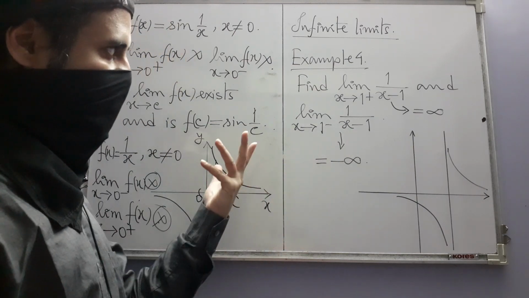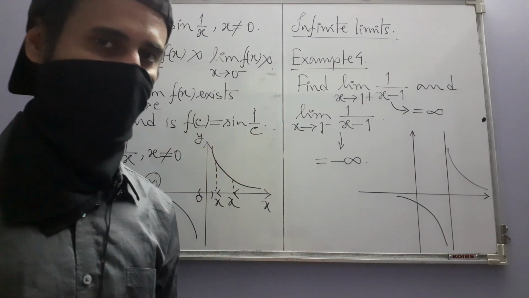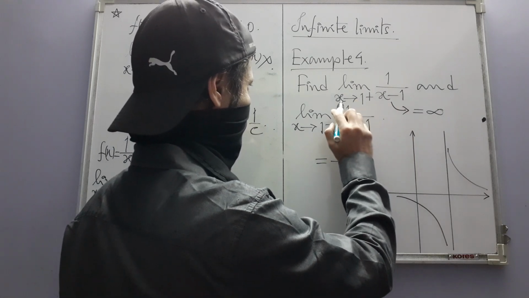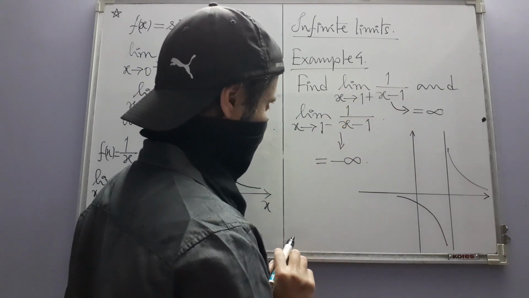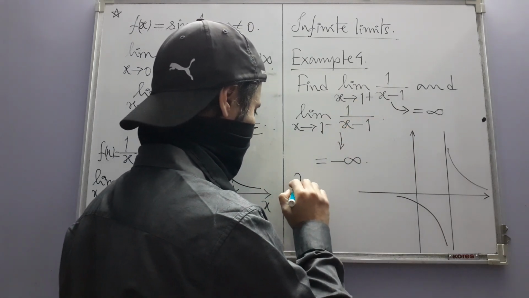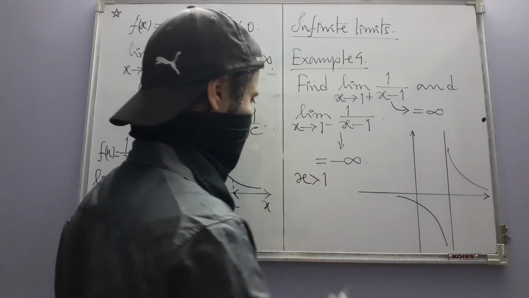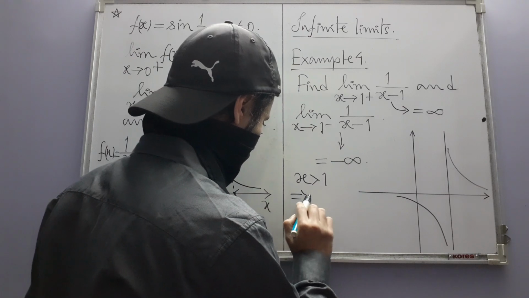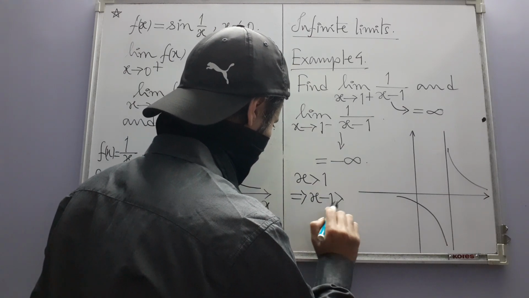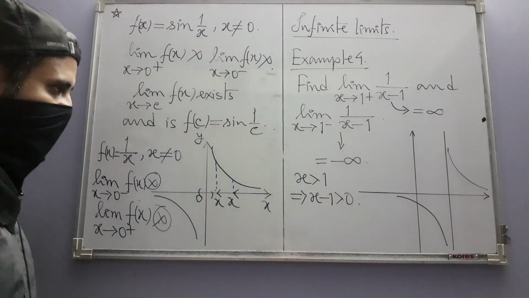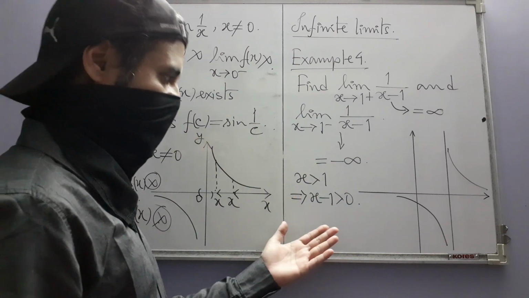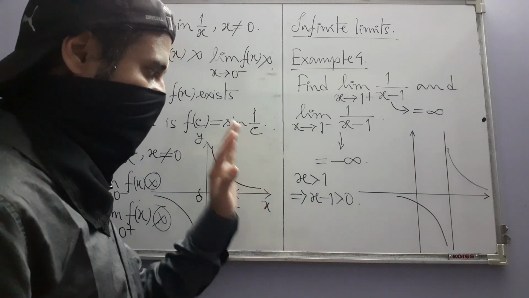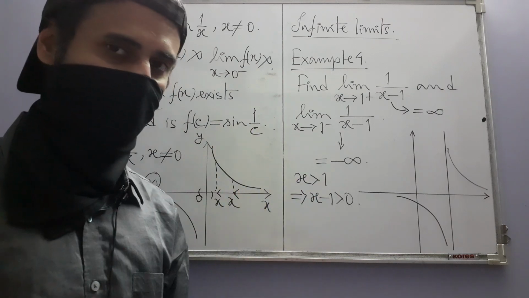Or you can consider an analytic way of solving this also, in which you simply say that as x approaches 1 from the right side, x is greater than 1, so that x minus 1 is positive. As x is approaching 1, x minus 1 is approaching 0, but at the same time it is always positive.